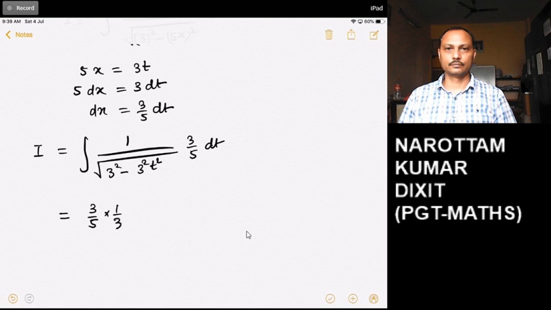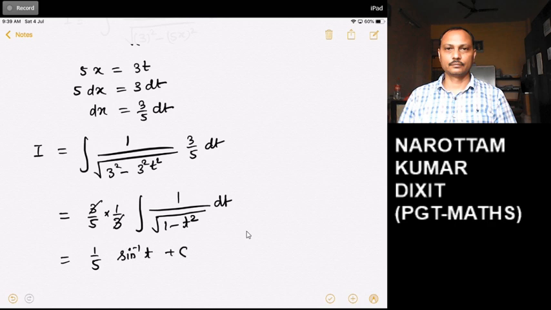We can write 1 by 5, and integration is 1 upon under root 1 minus t square. And you know the integration of 1 upon under root 1 minus t square is sine inverse t. So it is 1 upon 5 sine inverse t plus c.